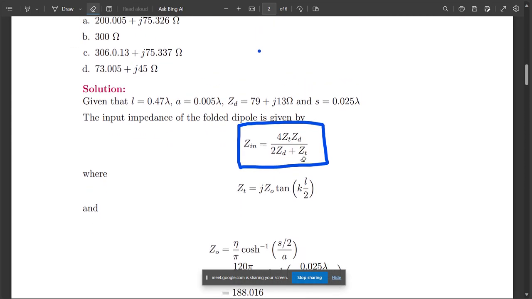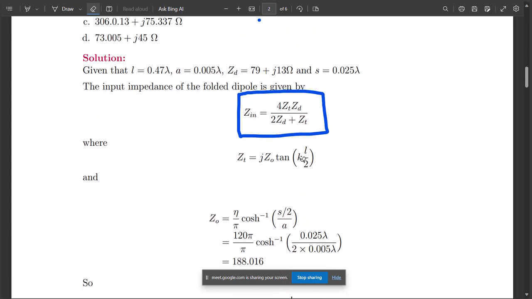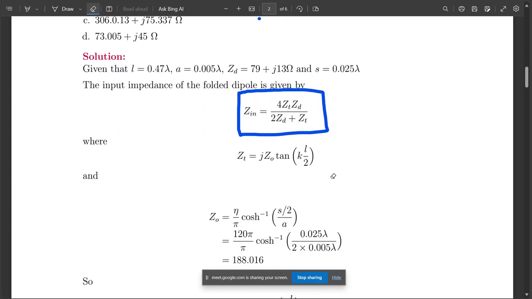So I'm going to show you till here. Now from here, from Z0, you have to find out ZT. From ZT, Z0 and ZD, you have to find out Z in. Here in Z0, the value of S is given to you.